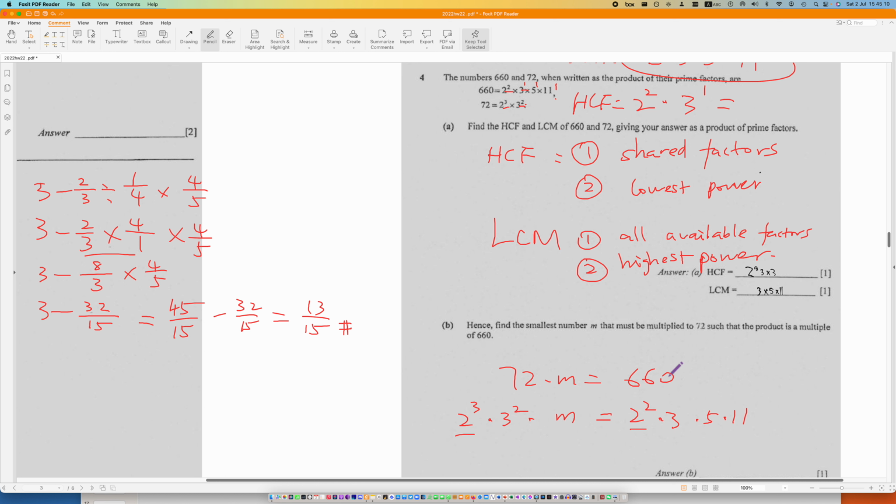Such that the product is a multiple of this. So I think the 2 cube and 2 are done already, and the 3 and 3 also. But m is short of the 5 and 11. So m equals 5 times 11, so it's 55.